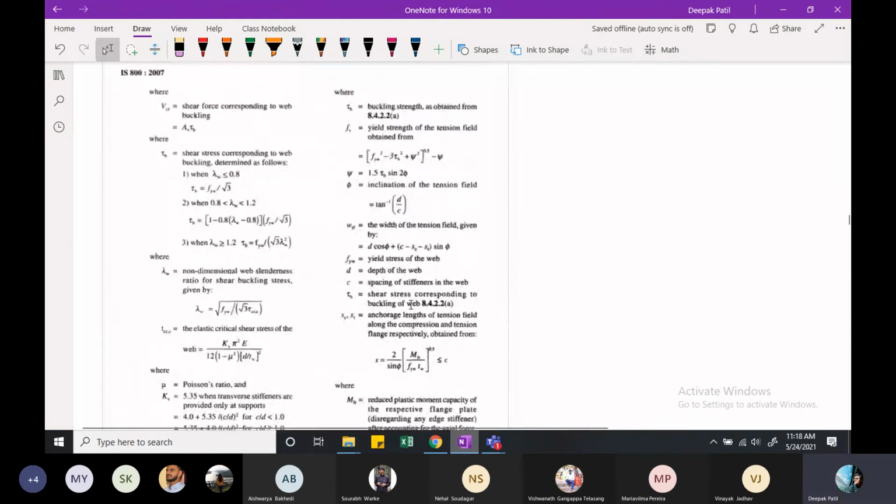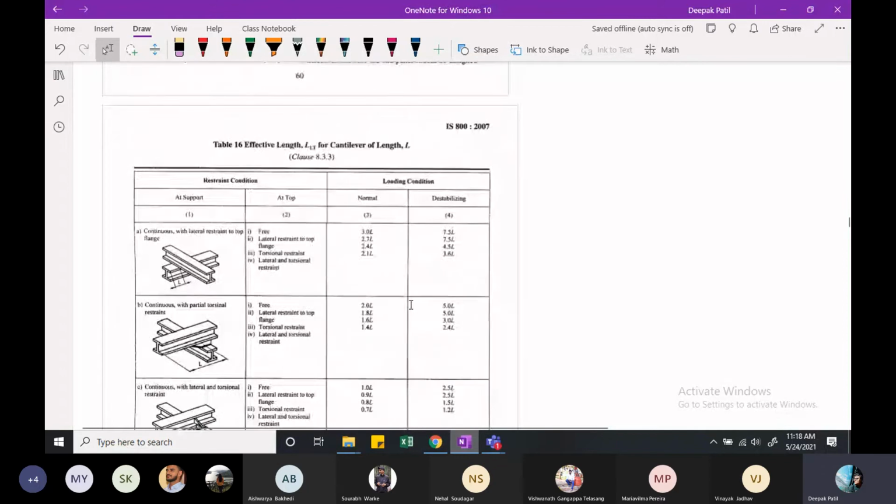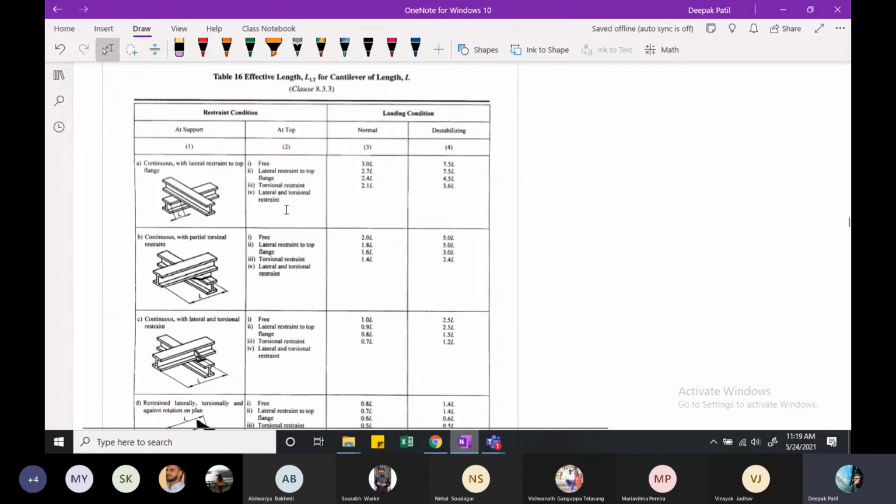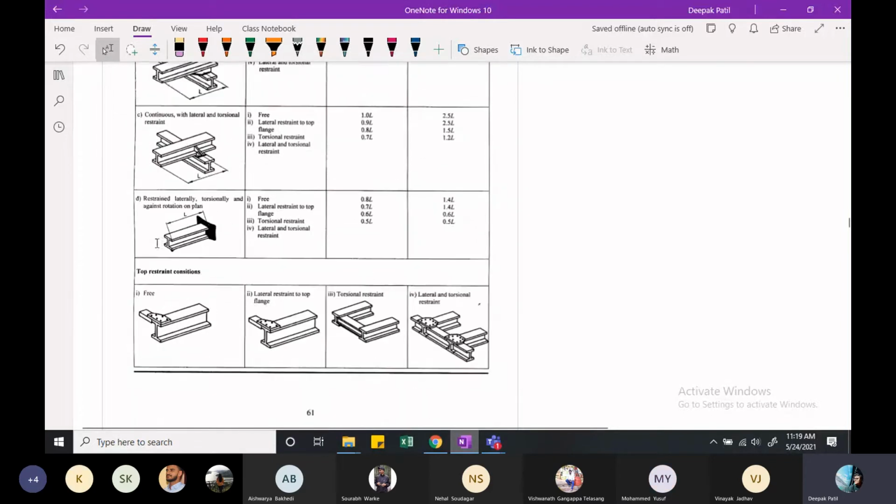Yeah, you can see here. You have to refer table 16 of IS 800 2007, wherein you will get what length of the beam we have to take.